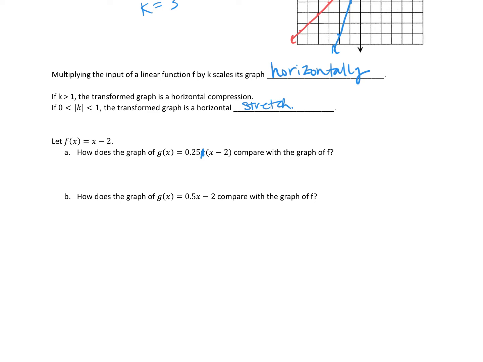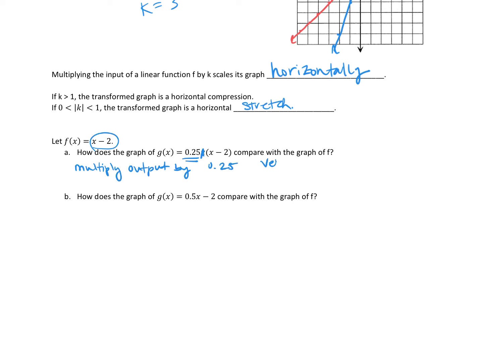So what we're doing is multiplying the output, because the output is the x minus 2, by 0.25. When you multiply the output by something, it's going to affect the output, which is the y values.